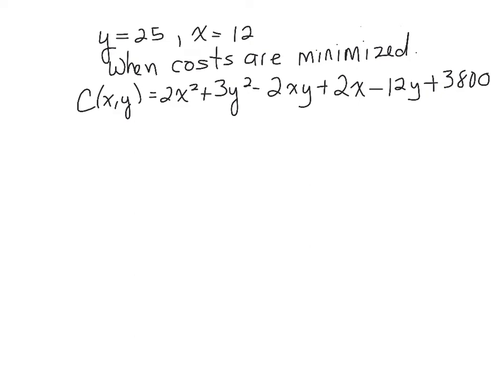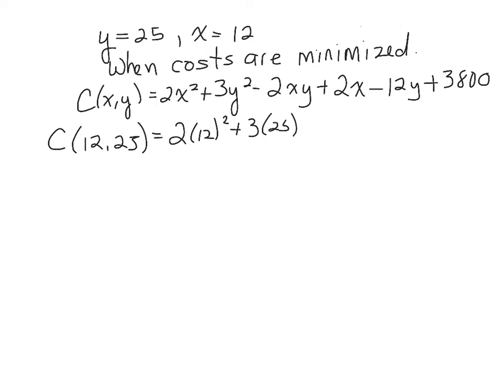And that's a simple substitution of those values into the original function, because that is our cost function. So we're going to solve c at 12 and 25. And everywhere we have an x, we're substituting 12. And everywhere we have a y, we're substituting 25.